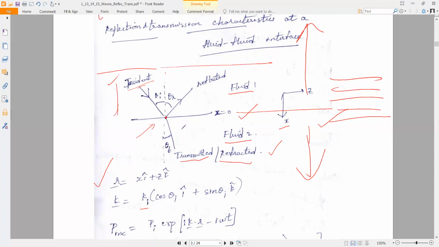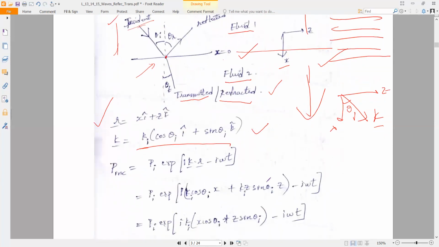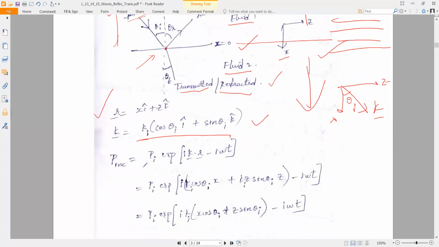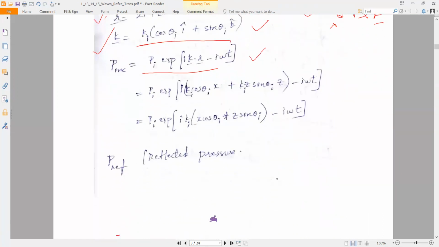This is your z axis, this is your x axis, and I have a wave making an angle theta_i, which means this vector k can be written in this form. I'm writing it in the vector component form, and correspondingly the pressure p has the general form p_i times exponential of i(k dot r minus omega t). You know k, you know r. You substitute for both of them, and you end up with this expression for the incident wave.